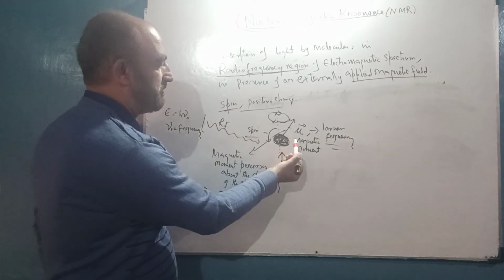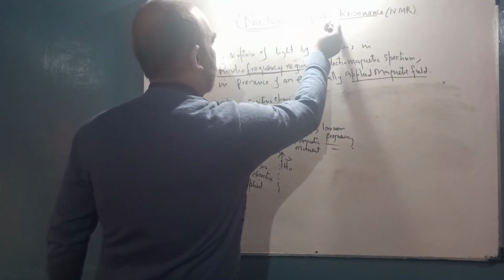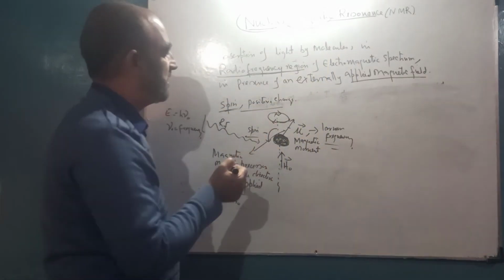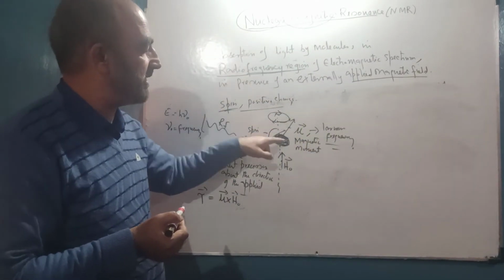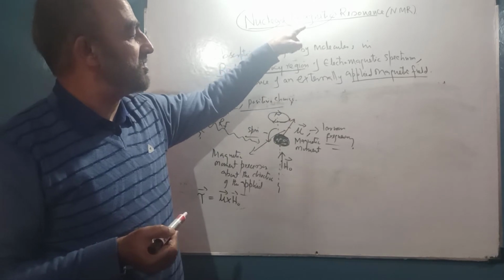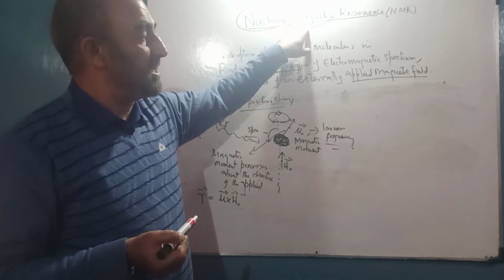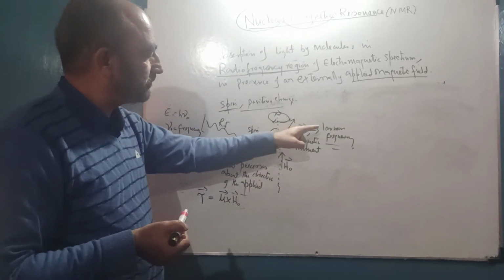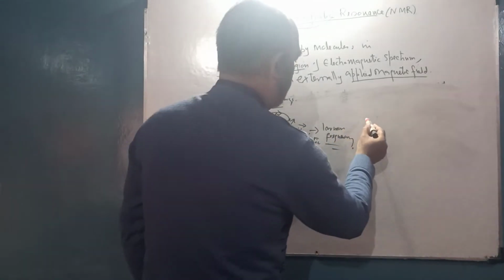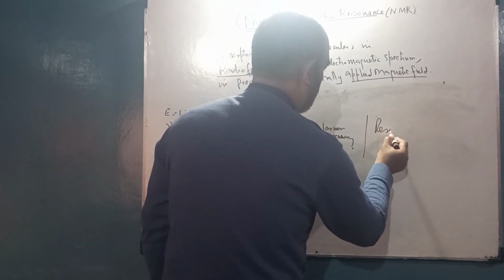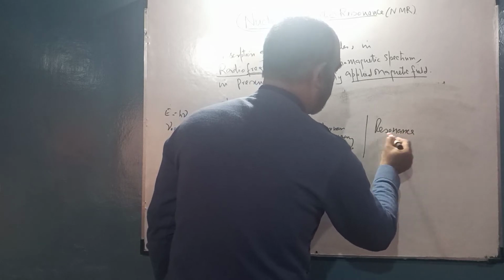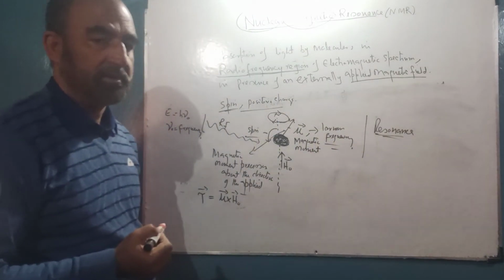We are talking about the magnetic moment, so that is why the word magnetic is there. We have the nucleus, so nuclear, we have the magnetic moment induced in the particle, so we have the magnetic word here, and then we have what we call resonance. So when the resonance condition is established, what will happen?